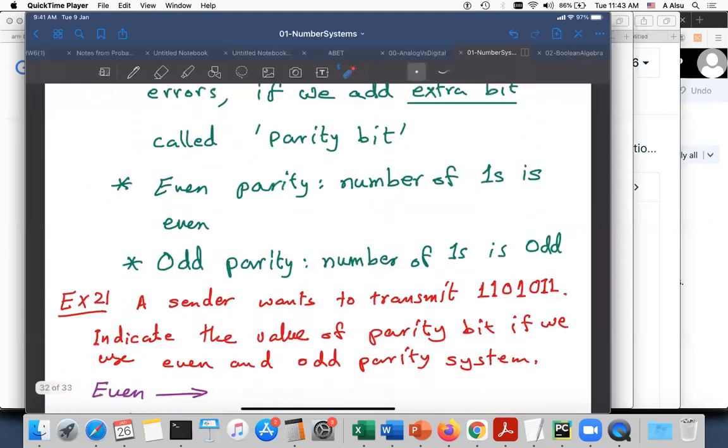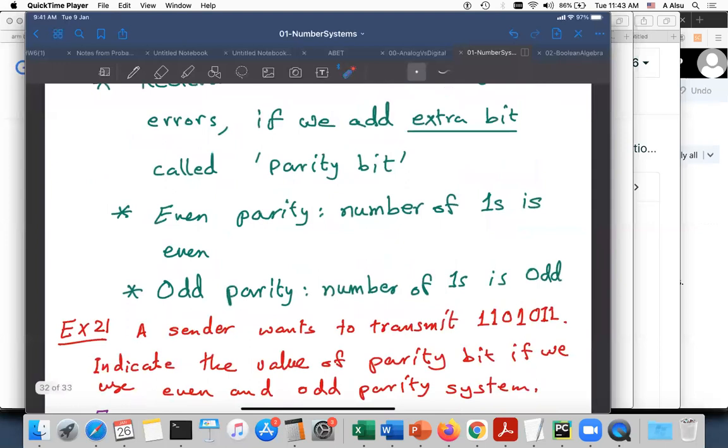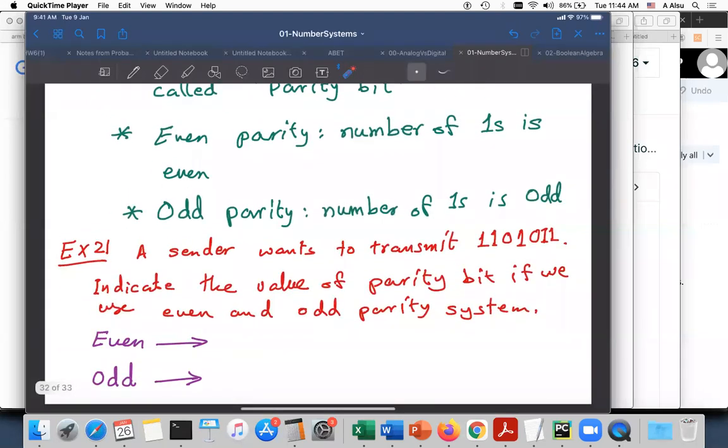So here is an example. We have a sender that wants to transmit this number to the receiver: 1101011. Indicate the value of the parity bit if we use even parity and if we use an odd parity system. So here we go. For even, we add the parity bit such that the total number of ones is going to be even.